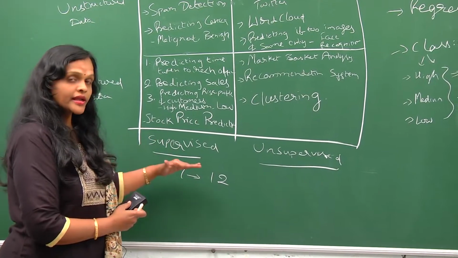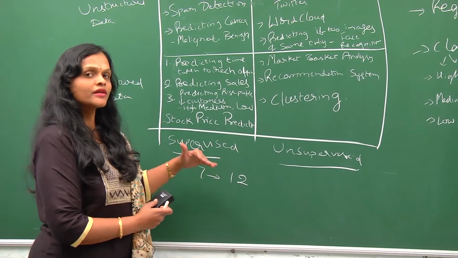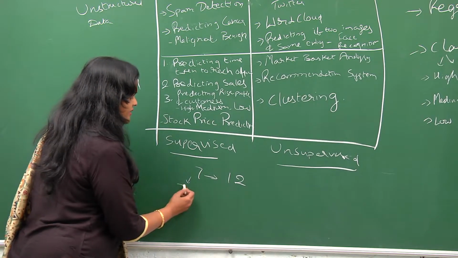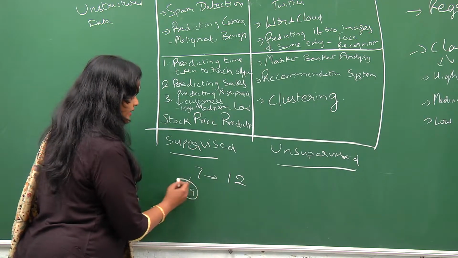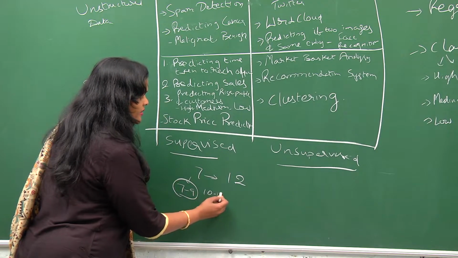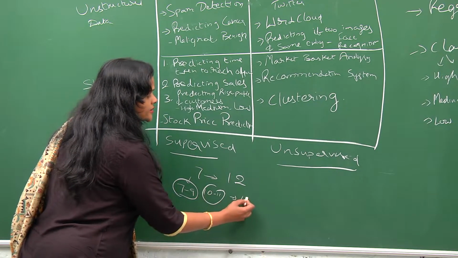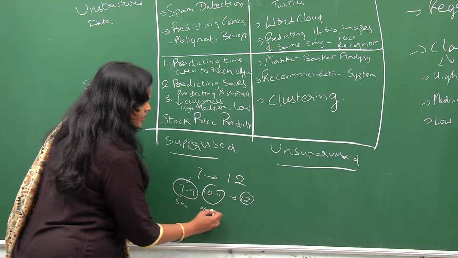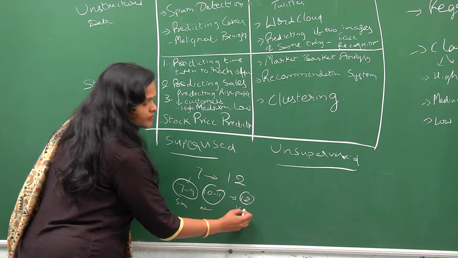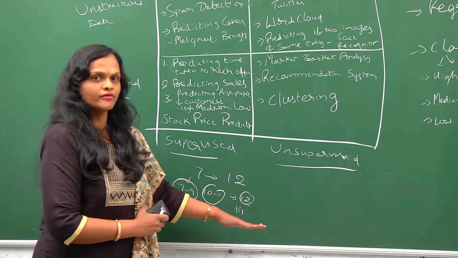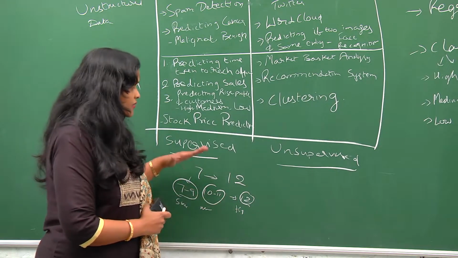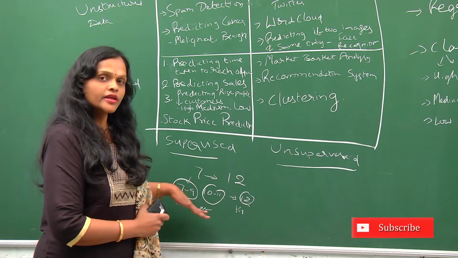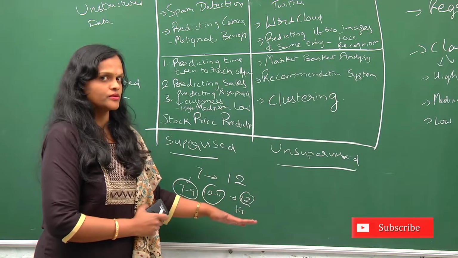But when we have to apply a classification algorithm on top of it, we have to convert it into a categorical variable. In such a case, we can say 7 to 9 years is one age group, 10 to 11 is another age group, and 12 is another age group, where they are small, medium, and high, maybe something like that. So you have three different values, one for each group, where you have converted a numeric variable into a categorical variable with three different values.